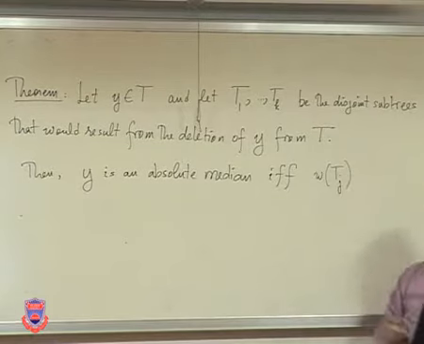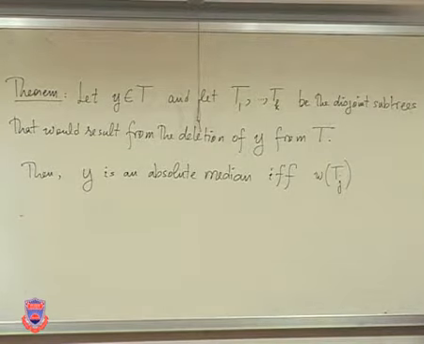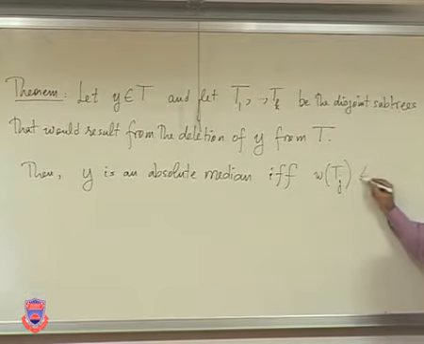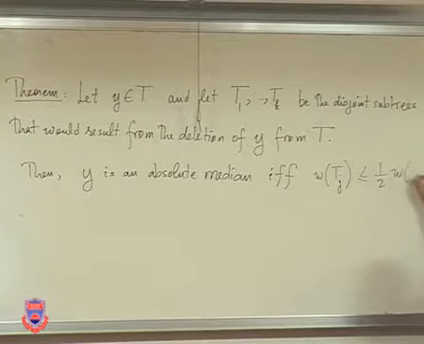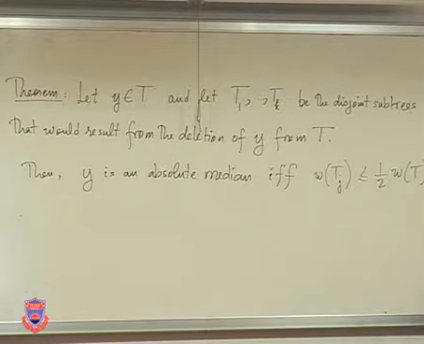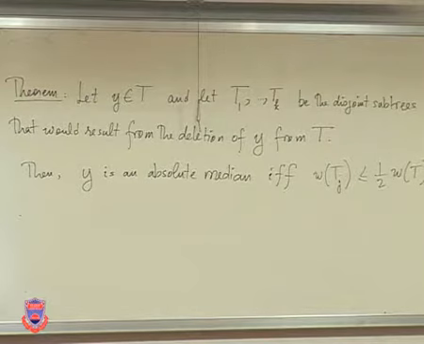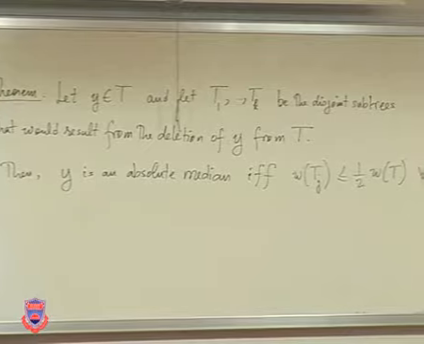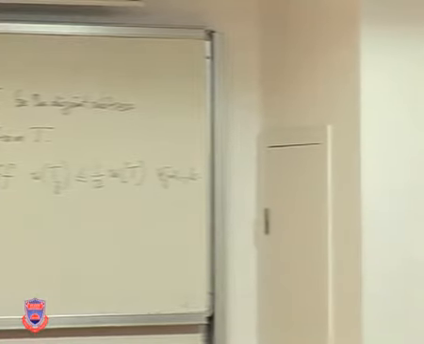So W of TJ, the total weight associated with... Good, yes. This should be true for every subtree 1 up to k. So if any of these subtrees has weight no larger than half the total weight, then Y must be the point that optimizes the problem. It's an absolute median.